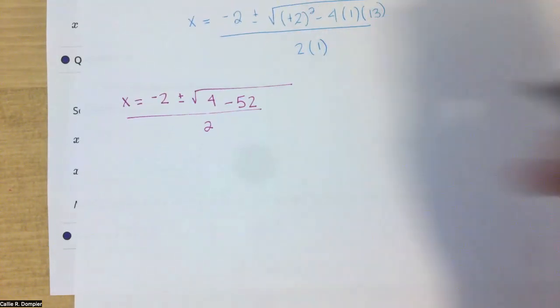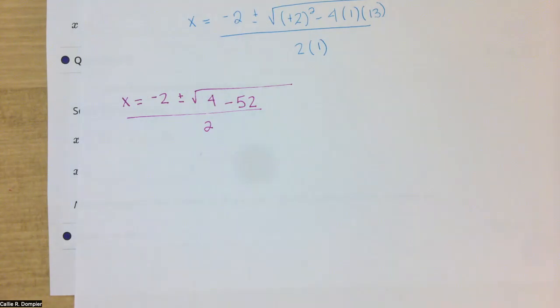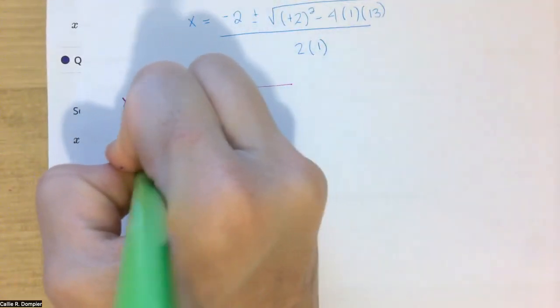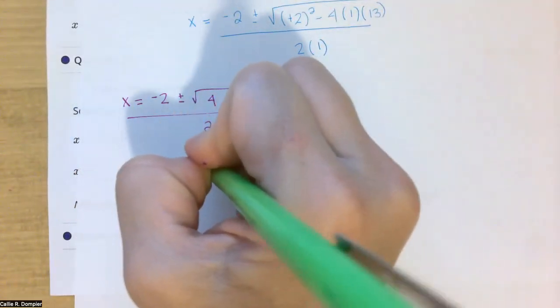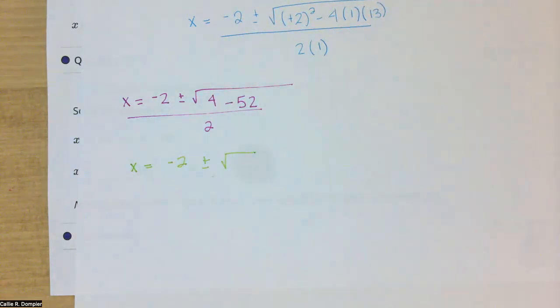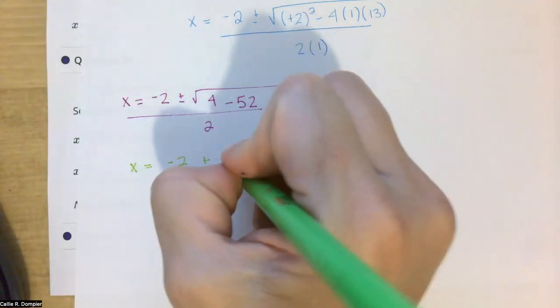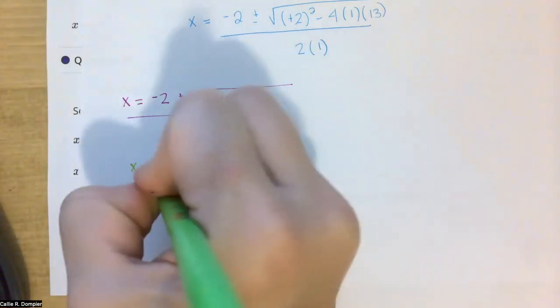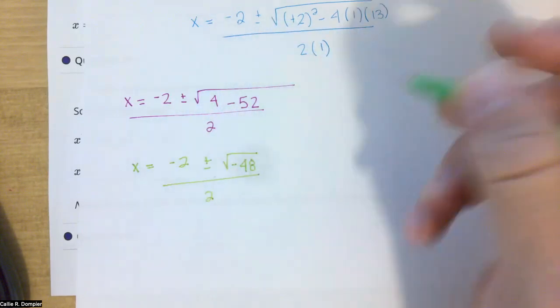That look right? Okay. x equals negative 2 plus or minus the square root of 4 minus 52, which is negative 48, all divided by 2.